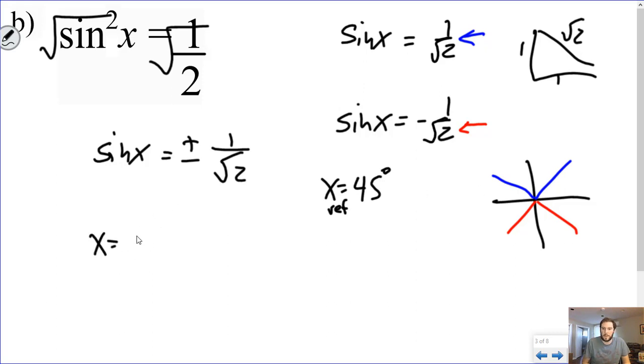X is equal to 45 degrees plus 360 degrees n, where n is an integer, meaning 360 times 0, 360 times 1, 360 times 2, 360 times 3, 360 times negative, right? It's all integers. Now, that would be the answer for this terminal arm. Then we'd find the answer for that terminal arm, and this one, and we'd see that there's 4 answers.